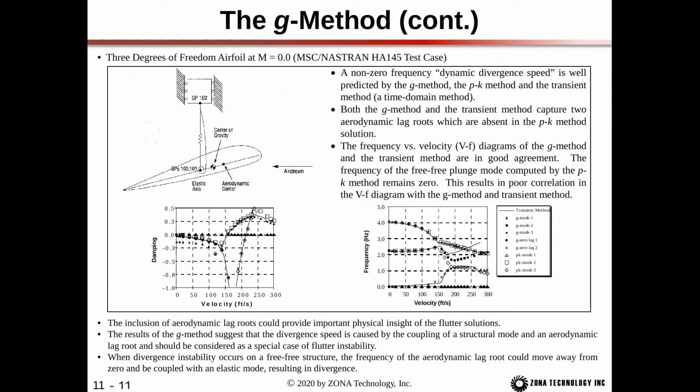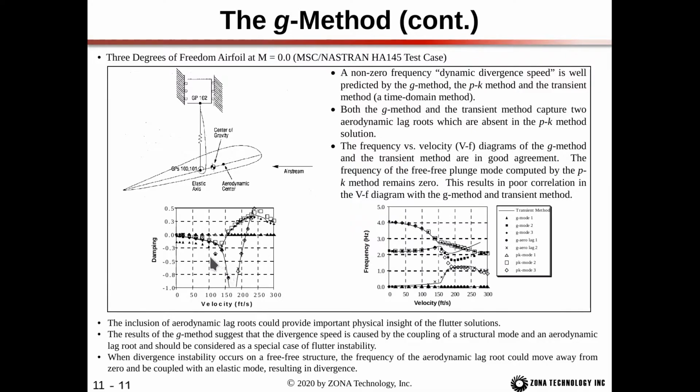The frequency of the free plunge mode computed by the PK method remains 0. So this results in poor correlation in the VF diagram with the G method and transient method. So our transient method is shown by the solid black line. The G method are the solid symbols and the X, and then the PK method are the open symbols.